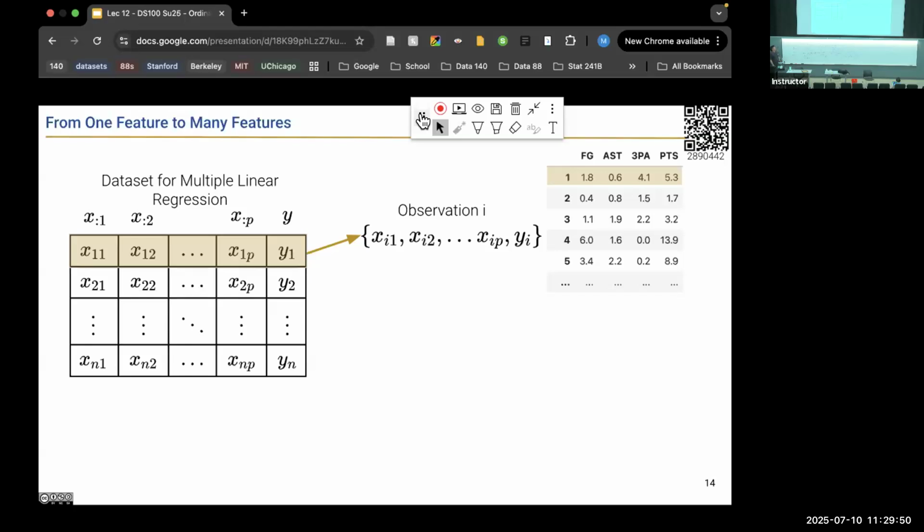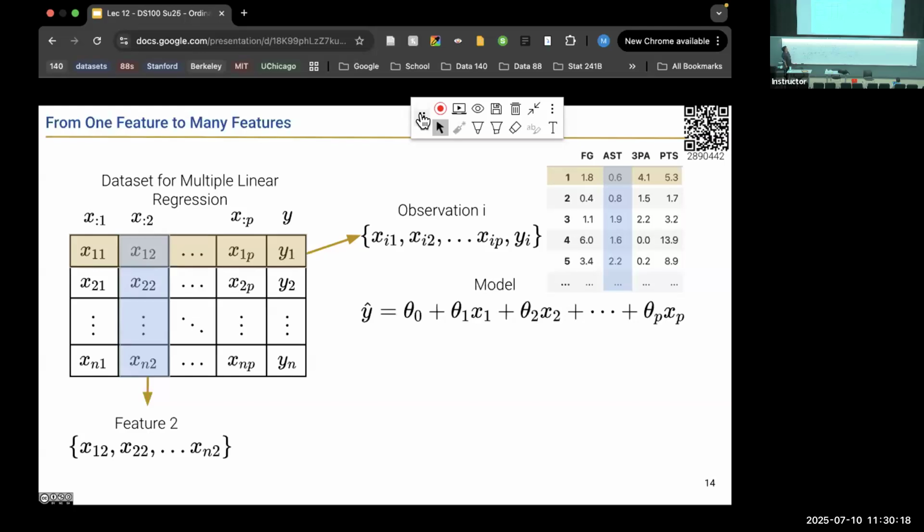What if, say, I want the second column? What in my data set represents assists, AST? That's the column that I want. But in this matrix notation, what would be the entries that I pull out if I want the second column? What are the entries? x12, x22, all the way to xn2.